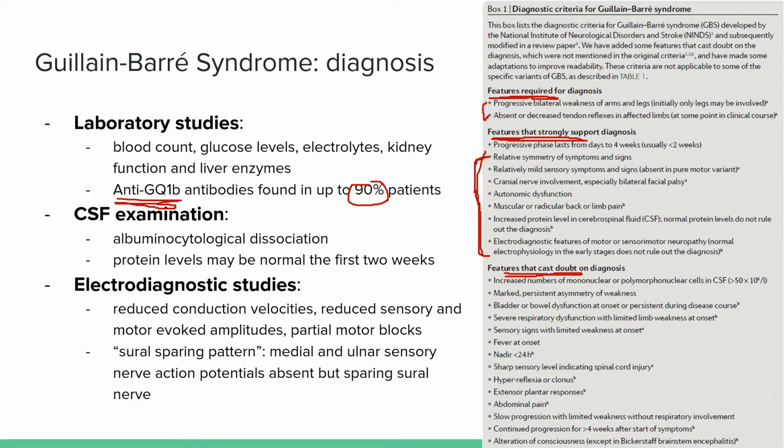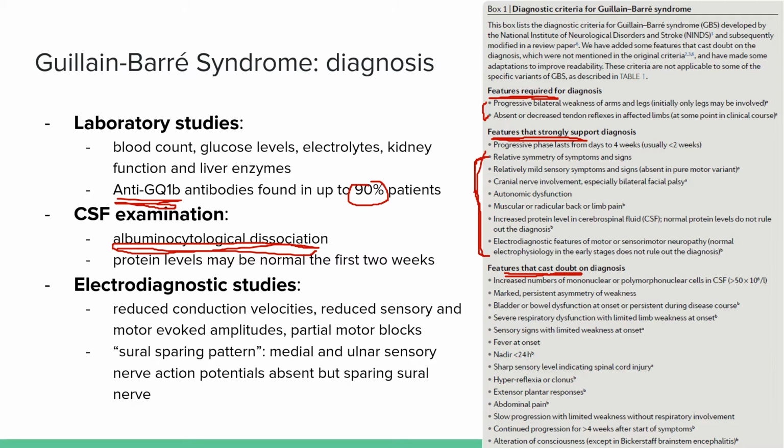CSF examination: the main characteristic is albuminocytological dissociation. This means that the protein levels rise, but the cellular levels, the cells, remain the same. So there is a dissociation. But it's important to keep in mind that protein levels might be normal up to 2 weeks from the onset.